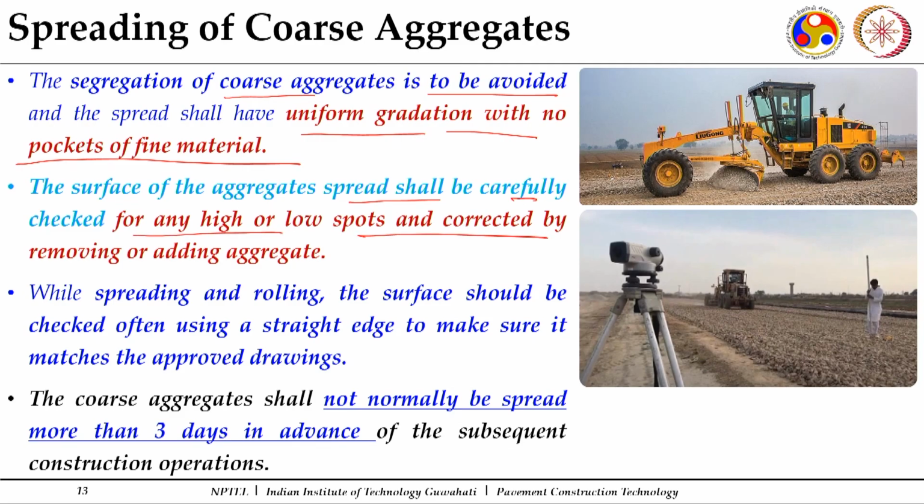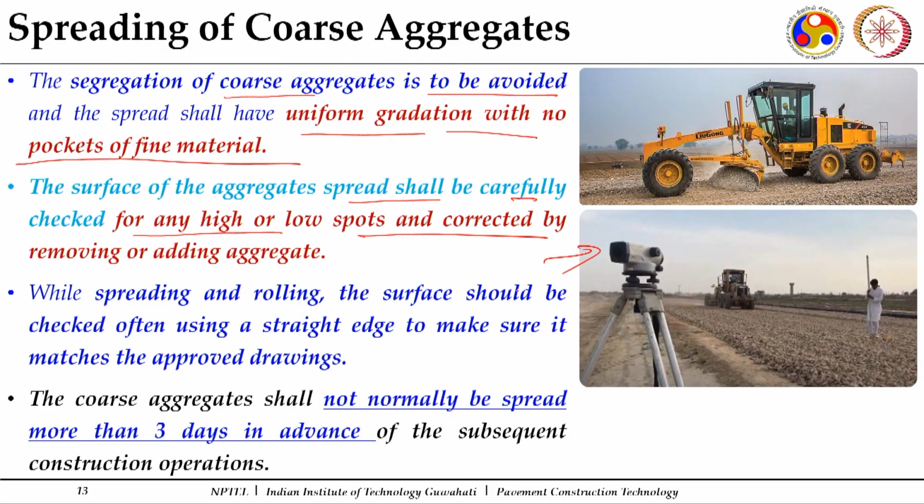Simultaneously, as templates are also there, we can move around on the surface and ensure that if some local depressions are there, or some locations where excess material is there, it can be removed or added in the beginning itself. So, you can see a surveyor exercise is also going along with the spreading of the aggregates with your motor graders.